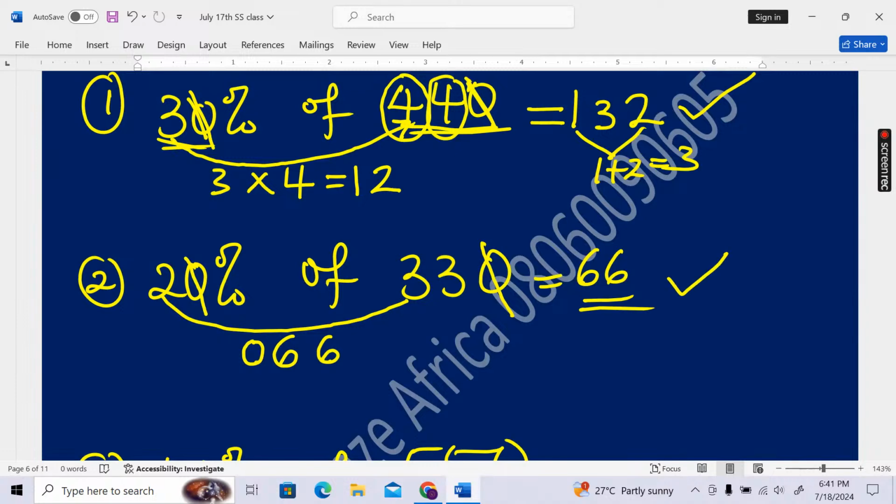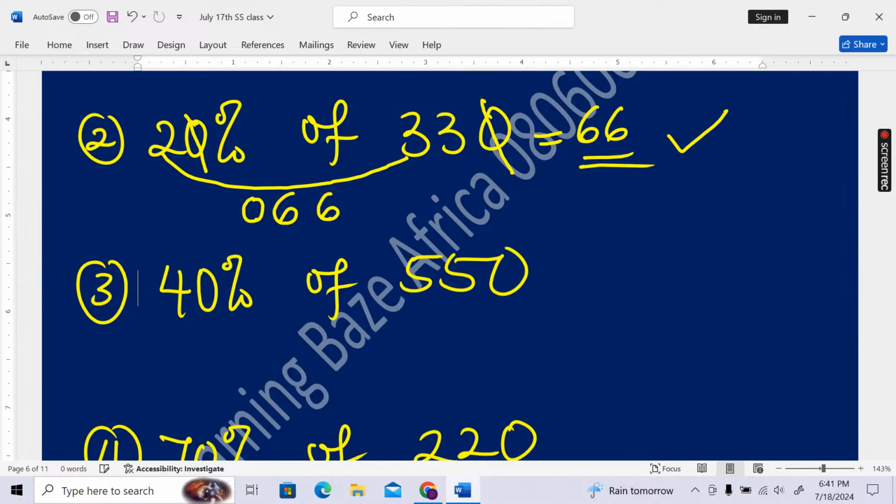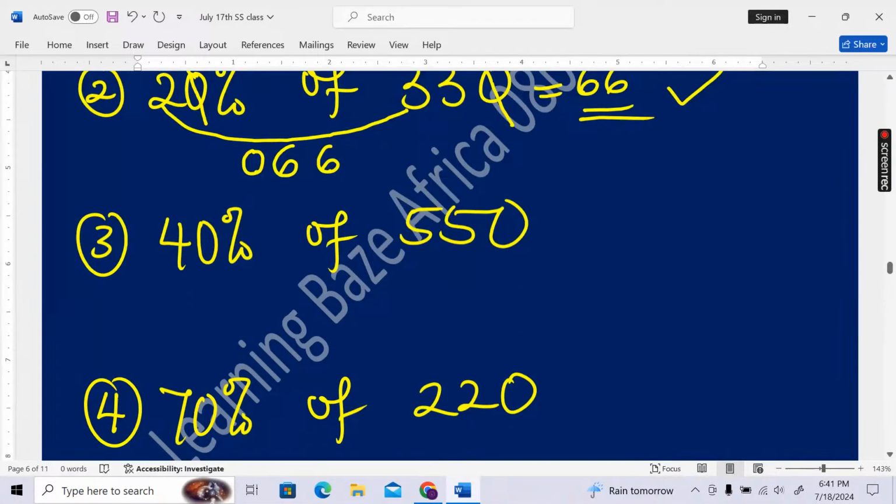So this is something you can do mentally. When I mean mentally, I mean you can do it in your head without using a pen, without using a calculator. Now, number 3. What is 40% of 550? So strike out the last zeros of each number, then multiply 4 by one of the digits because the digits are the same.